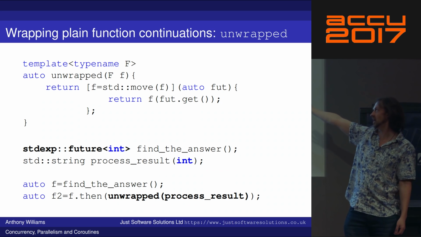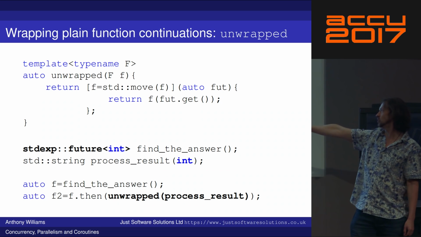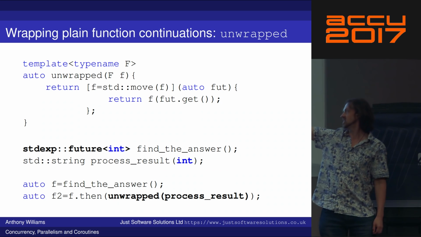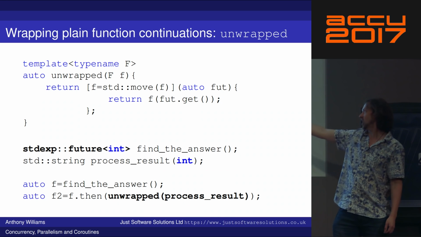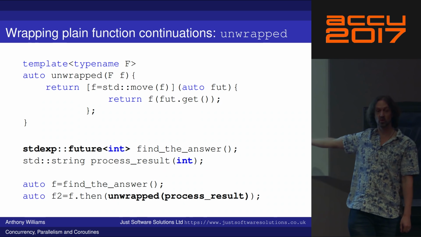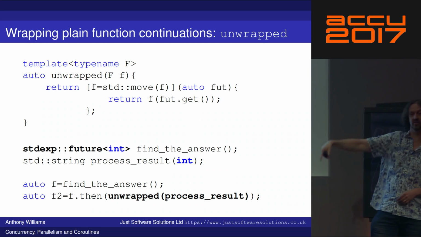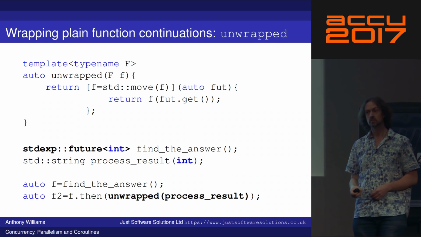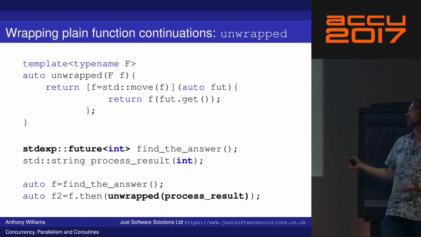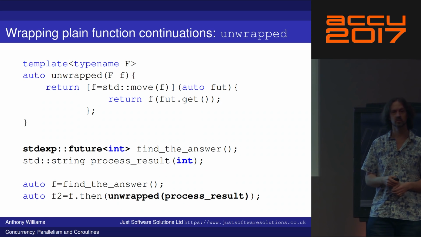It moves it into a new lambda and then returns that lambda. So then you can call that; our then at the bottom line here is f.then(unwrapped(process_result)). And that is less overhead from the point of view of the code doing the calling. It's essentially identical to the previous slide, but it's now encapsulated in a library function.